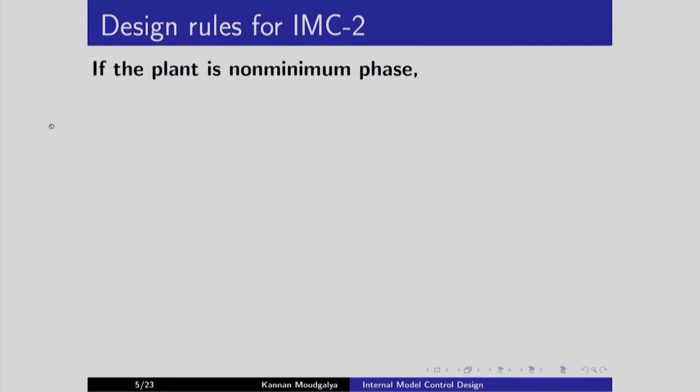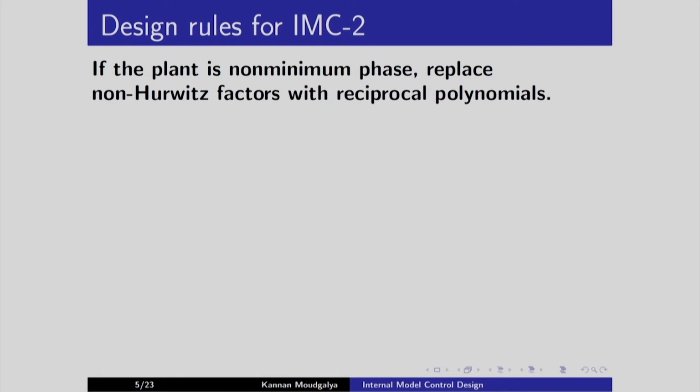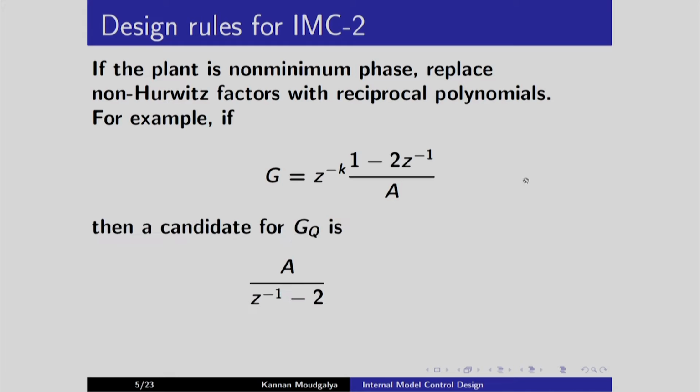If the plant is non-minimum phase, then replace the non-Hurwitz factors, that is the factors with zeros outside the unit circle, with reciprocal polynomials. That is, if G is given here, then the candidate for GQ is: only the delay less part is inverted.